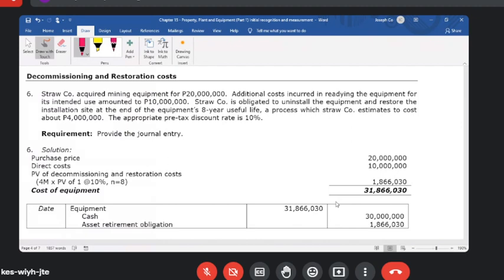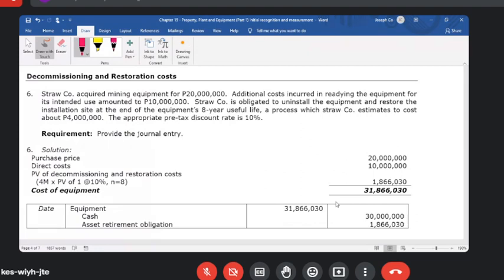No? Purchase price 20 million, direct cost 10 million, and then we capitalize the decommission cost. No? The decommission cost must be recorded at present value. No? You get the present value factor of 10% for 8 periods multiplied by 4 million. No? That is 1,866,030.